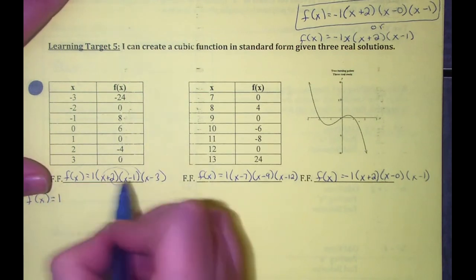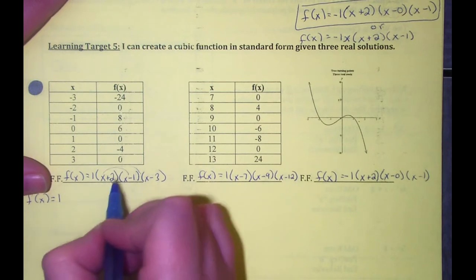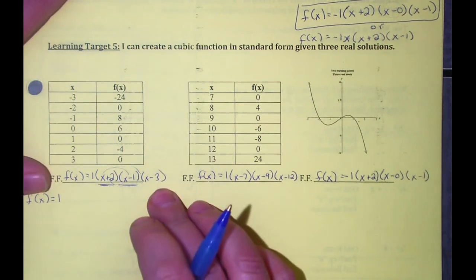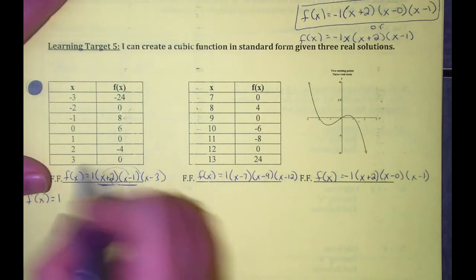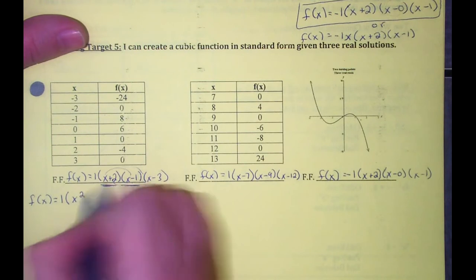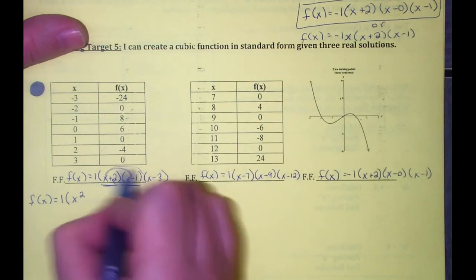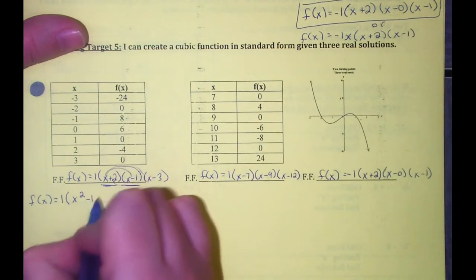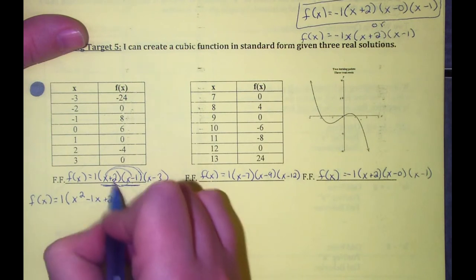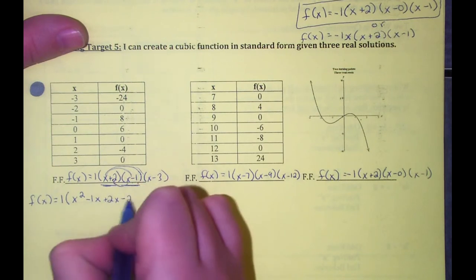And I'm going to just look at these first two factors, these first two sets of parentheses. I'm just going to leave the x minus 3 alone. So looking at these first two, I end up with x times x is x squared. X times negative 1 is negative 1x. 2 times x is 2x. 2 times negative 1 is negative 2.